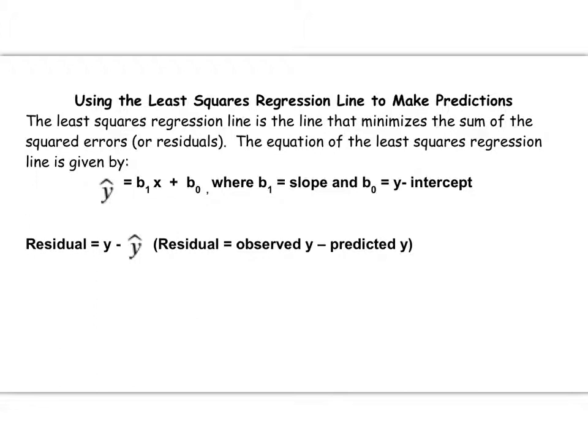But the least squares regression line is the predicted y value equal to B1, which is your predicted slope, or your slope estimate, times x plus B0, and B0 is your predicted y-intercept, or your estimated y-intercept.